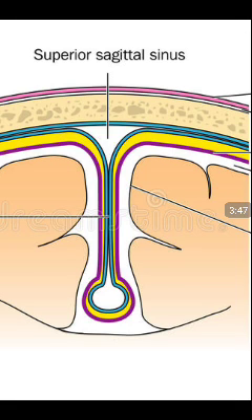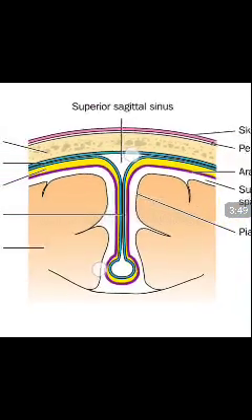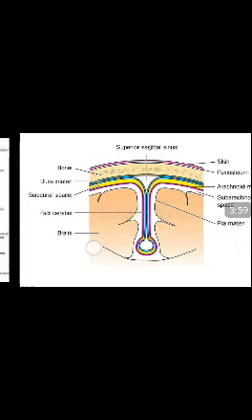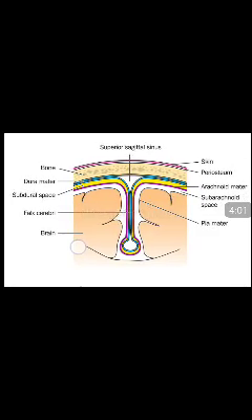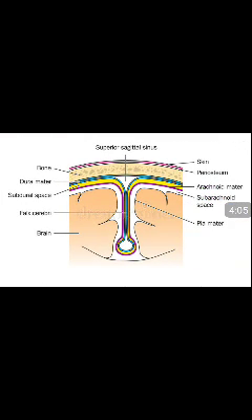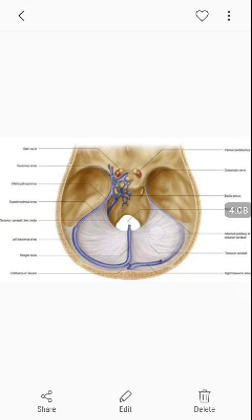In my next diagram we will see different types of dural venous sinuses and their locations. In this diagram you can see the tentorium on both sides.